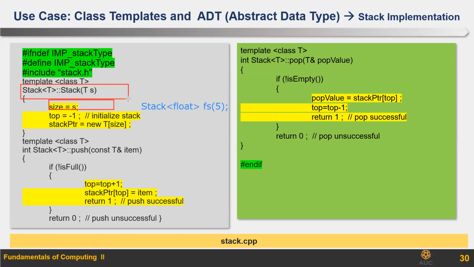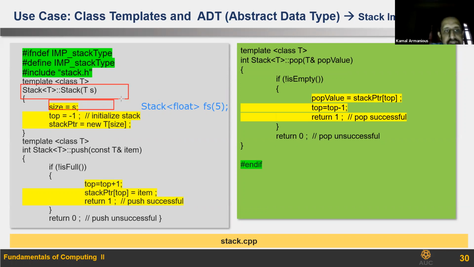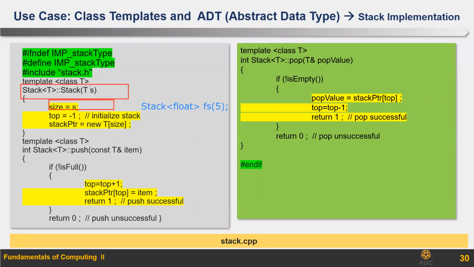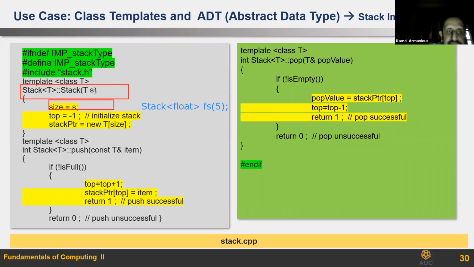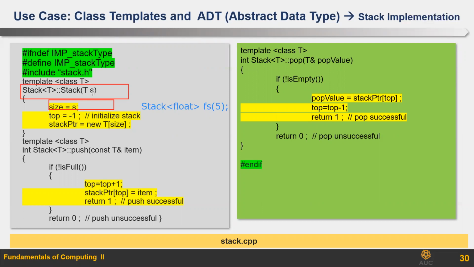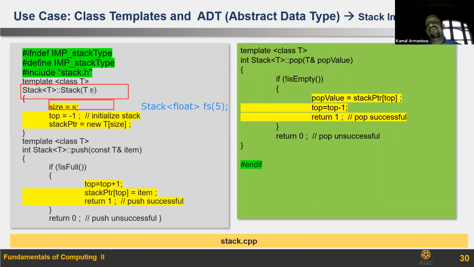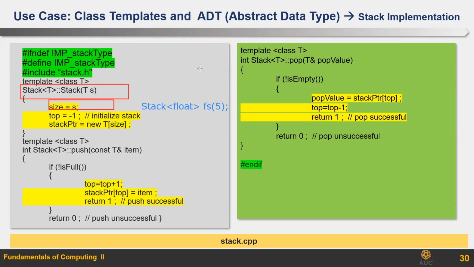This is a constructor, and we supply to it T, in our case float for fs, and the number 5 is replacing the s. So I have a stack of size 5 that will hold float numbers. Do you understand?